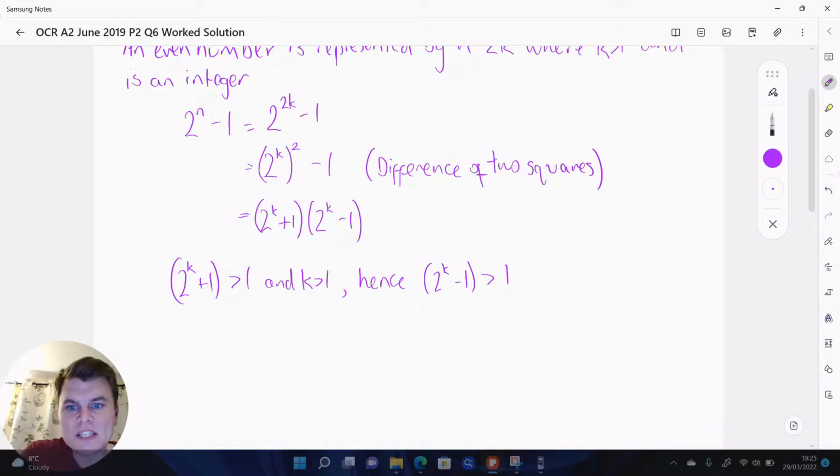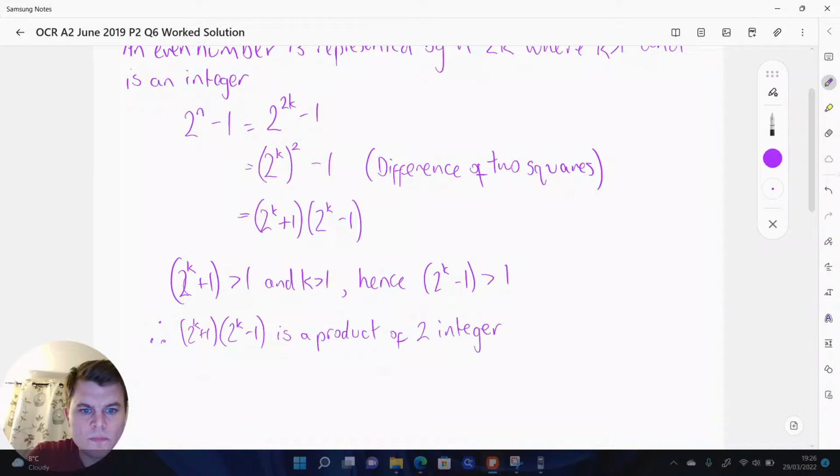So therefore, what this means is that because both of this number and this number are both greater than 1, the statement that we've just made is a product of 2 integers. And these 2 integers are greater than 1. Okay.